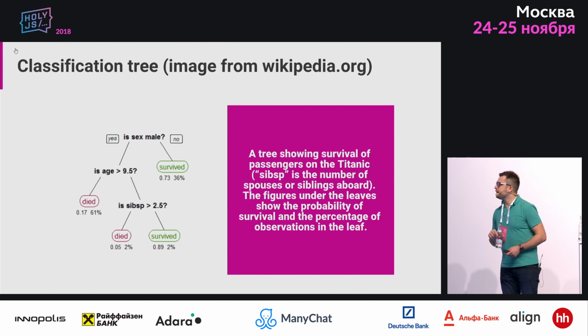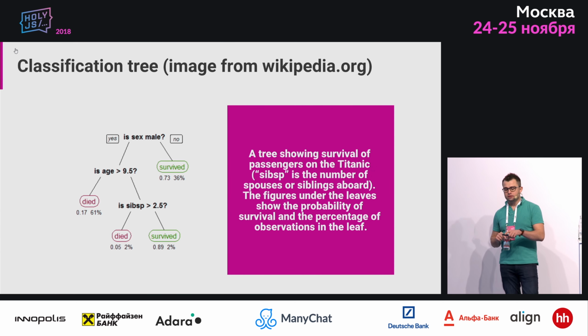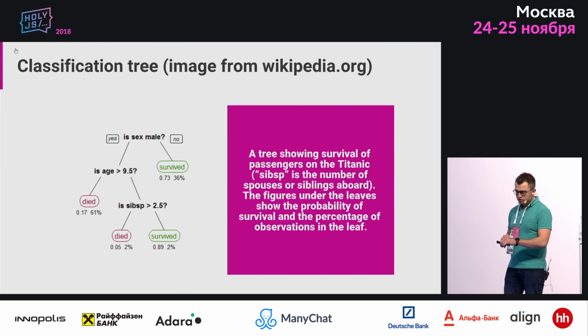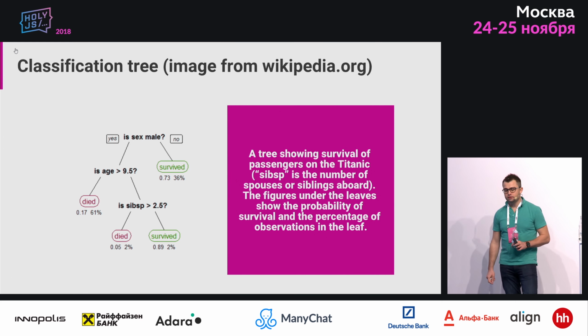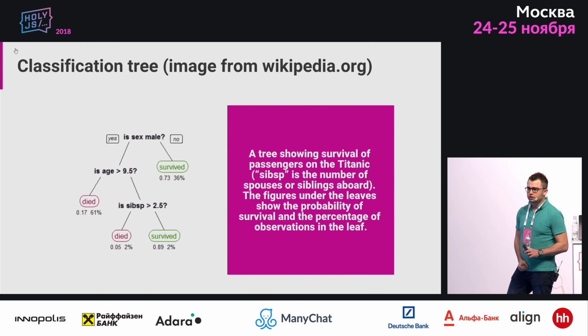So if you are a male, if you were not a male, you had 73, the first number, 73% probability of survival on Titanic. If you were a male, there is the next question. The other factor that played a very important role for your life.